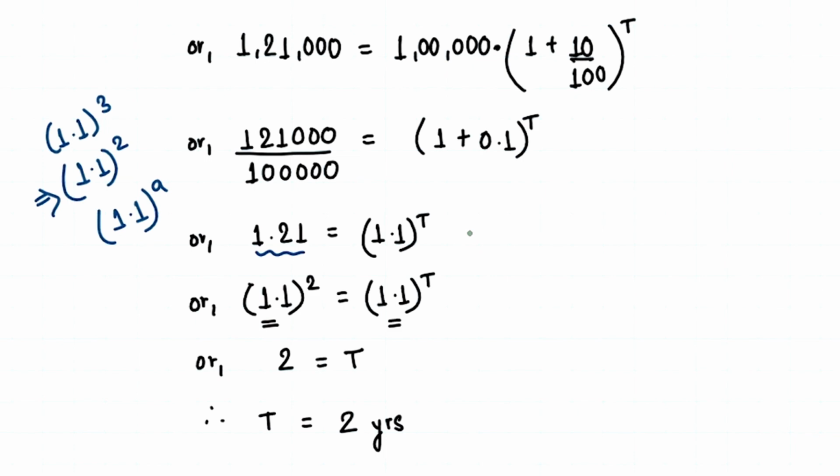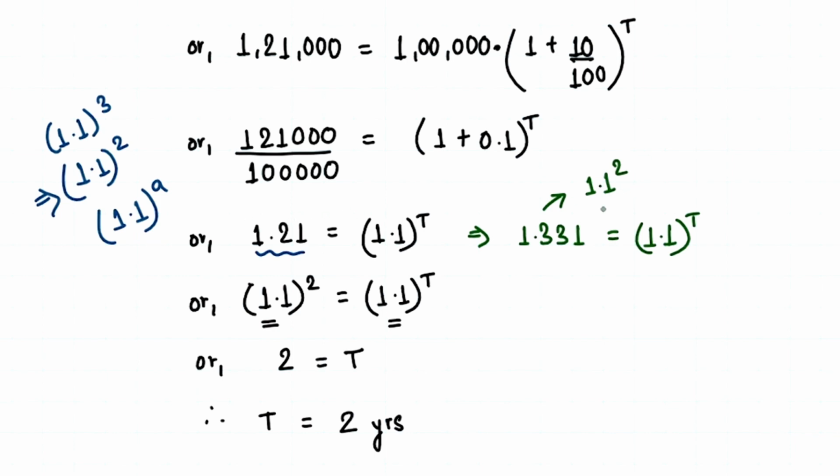So to clarify this a little bit more, for example, if we had something like 1.331 is equal to 1.1 to the power t, again what we're going to do is check this 1.331 as 1.1 to the power of something. So again, we check it as 1.1 square. 1.1 square is 1.21. We just did that, right?